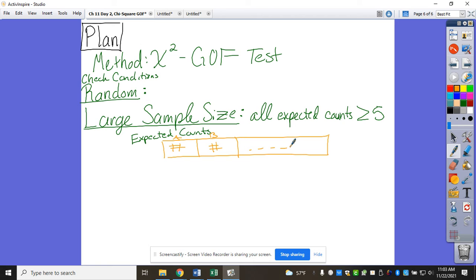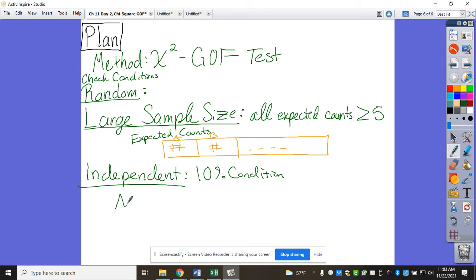And then my last condition, independent, which is actually just checking the 10% condition. Same way as we've been doing it.